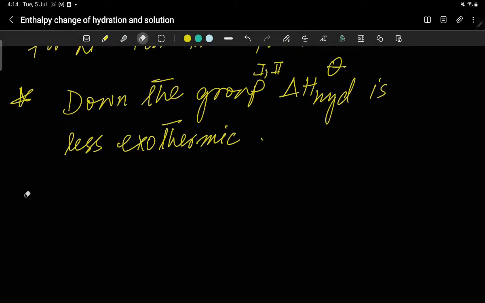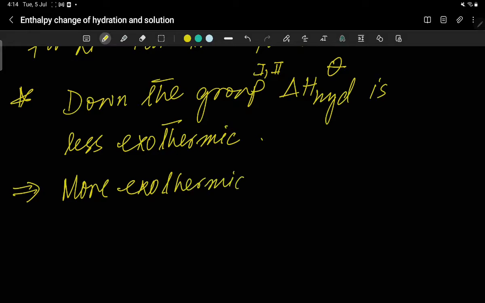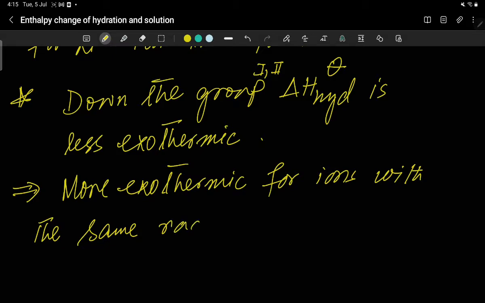And another point, which is very important, is that it is more exothermic for ions with the same radius, sorry, with the same radius but a larger charge.